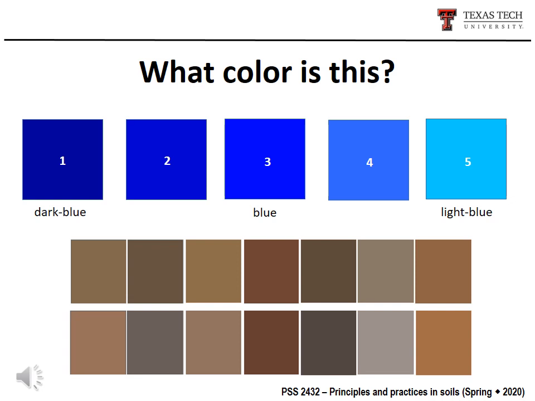What color is this? Tell me, what's the color of square number 3? Okay, it's easy, it's blue. And now tell me, what's the color of square 1? Okay, it's blue, maybe dark blue. And now tell me, what's the color of square 5?